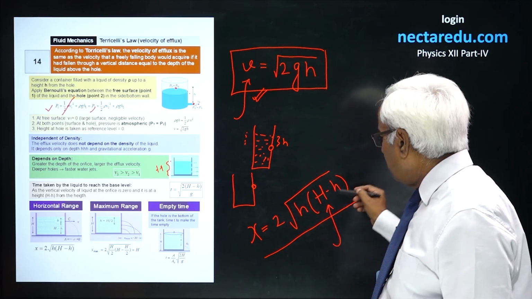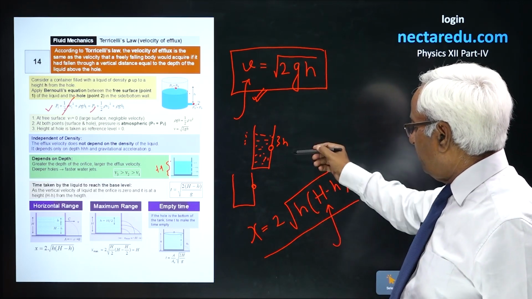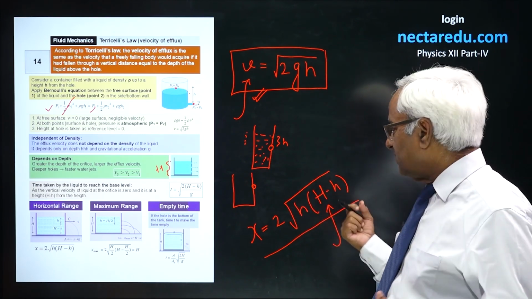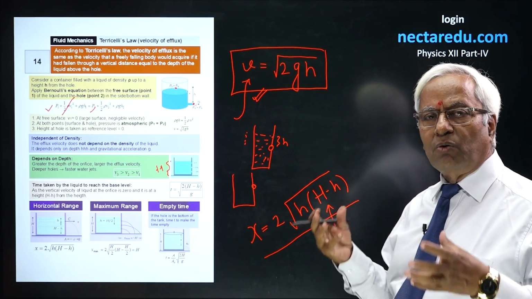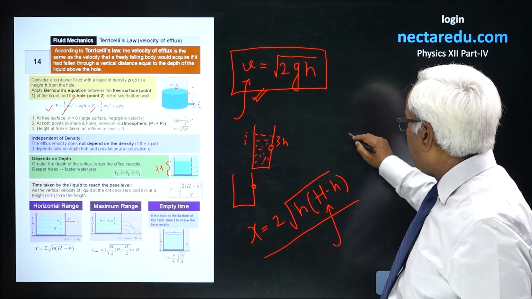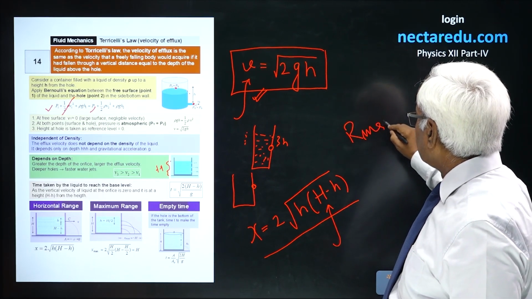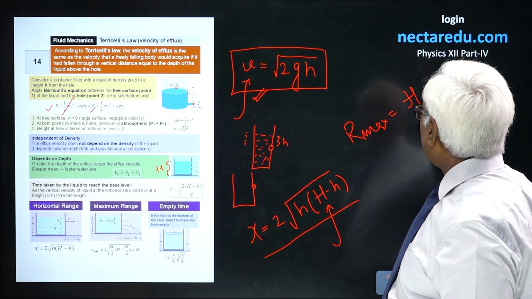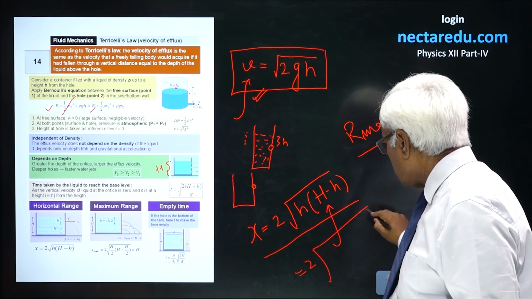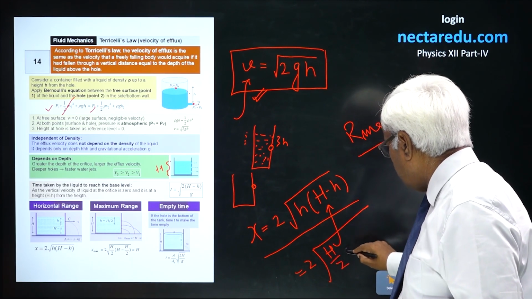Now, depending on the position of the orifice, you could have different ranges. It's very fascinating that when the hole is quite in the middle, this range is going to be maximum. In that case, this will be equal to height itself. How? You just put small h equal to H by 2.